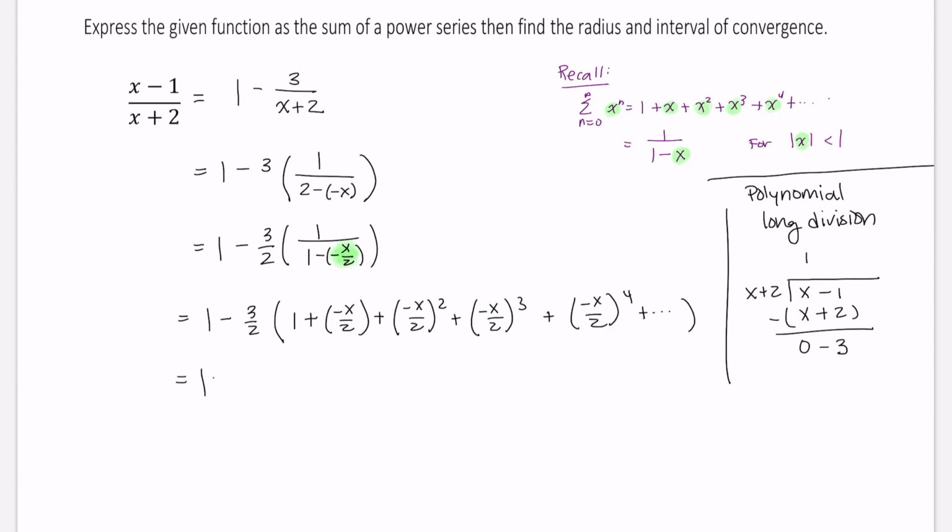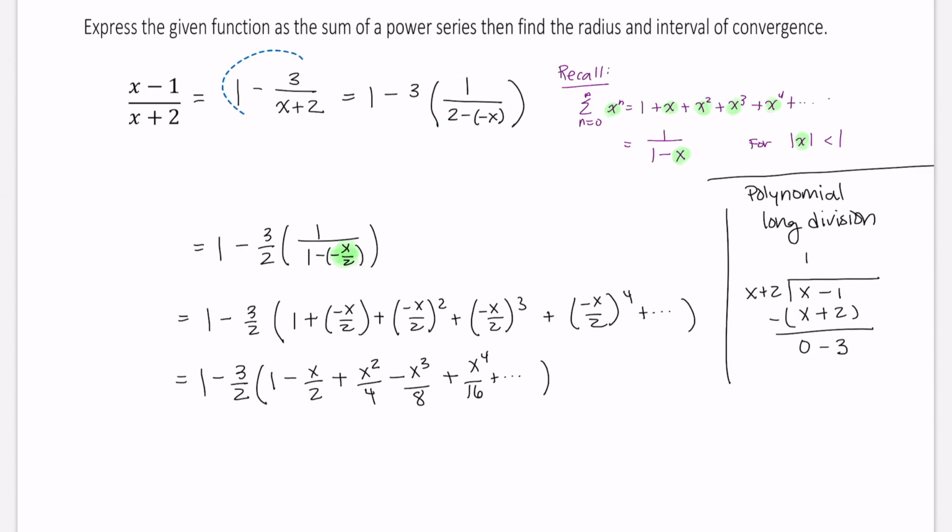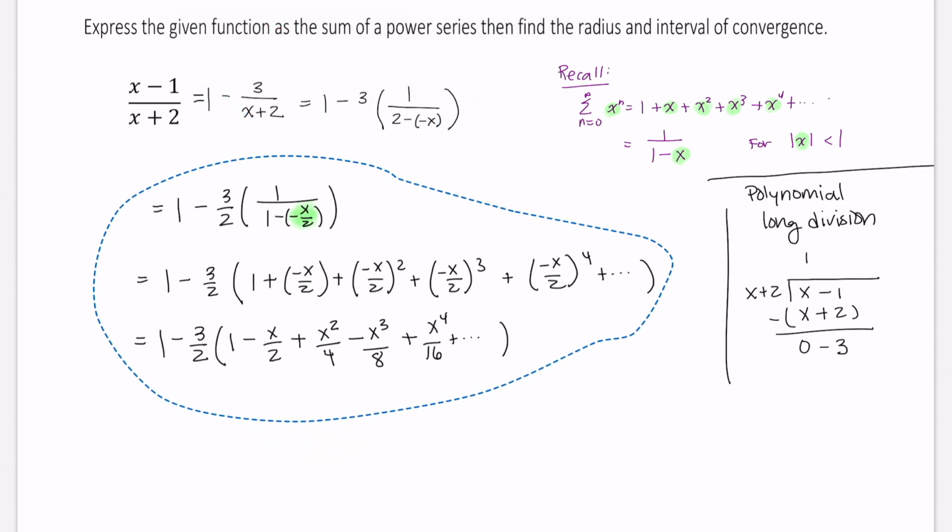Okay, so this is 1 minus 3 over 2 times 1 minus x over 2 plus x squared over 4 minus x cubed over 8 plus x to the 4th over 16. Okay, I'm going to keep rewriting this and rearrange again slightly for the sake of space.